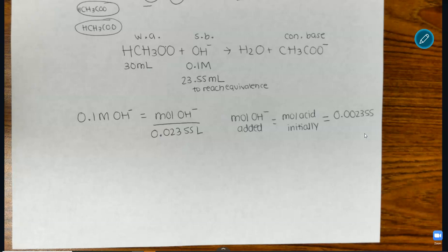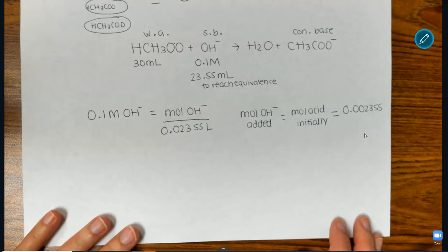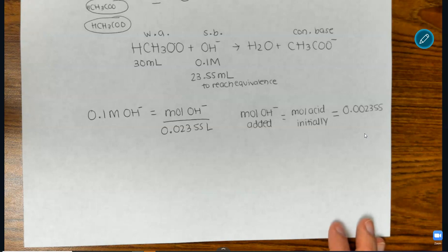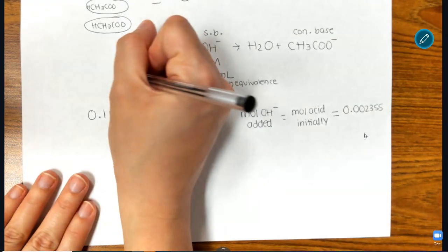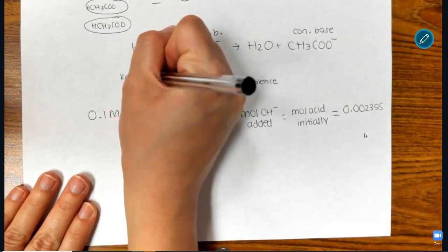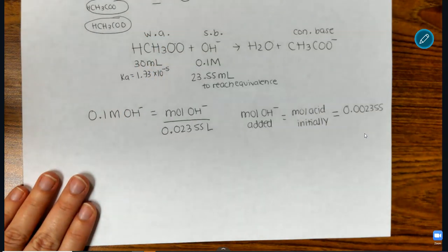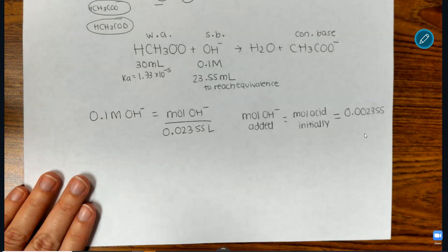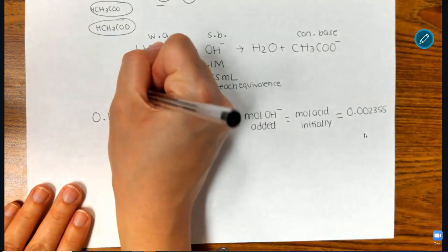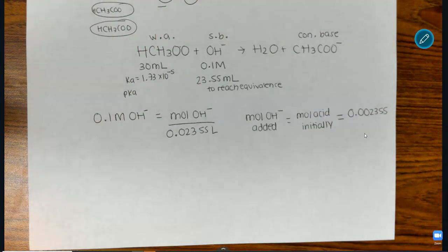The second thing you might want to do when you see these problems is look at the Ka. So the Ka for acetic acid is 1.73 times 10 to the negative 5, and go find the pKa. To get the pKa, you just negative log the Ka for that acid.